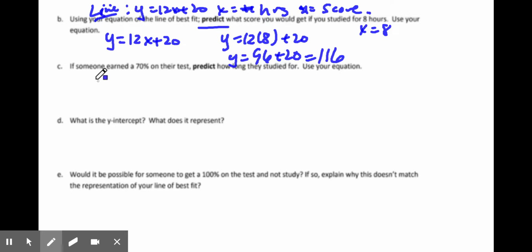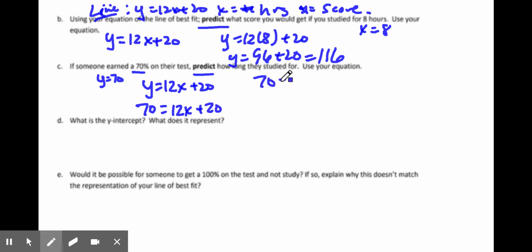All right, so letter C says if someone earned a 70 on their test, predict how long they studied for. So that means the y is now 70. So we know y equals 12x plus 20. So 70 equals 12x plus 20. So let's come over here. We're going to subtract 20 on both sides. We've got to solve for x.